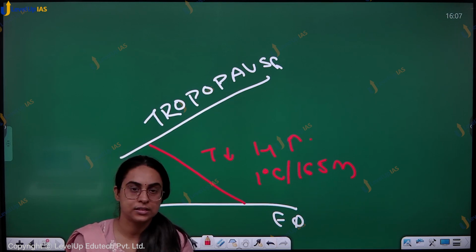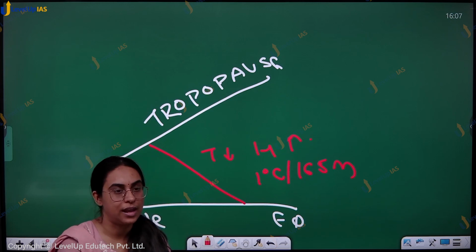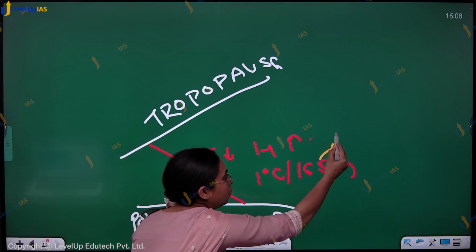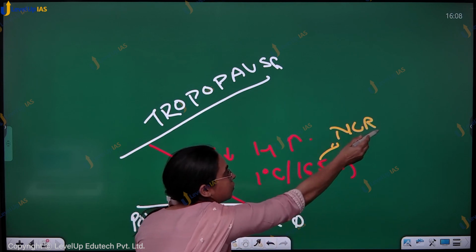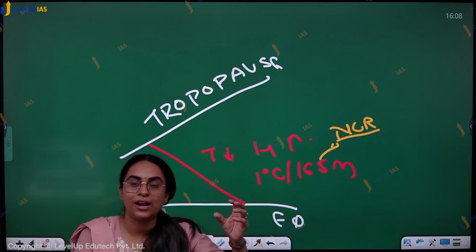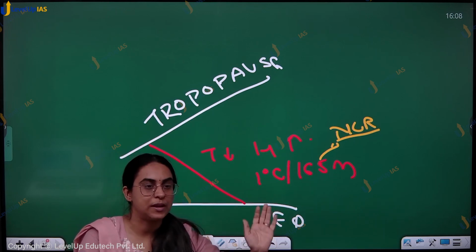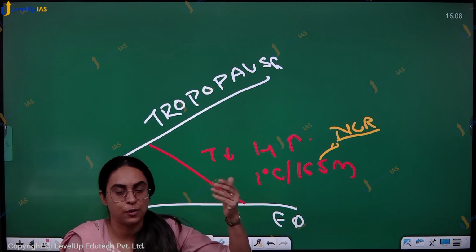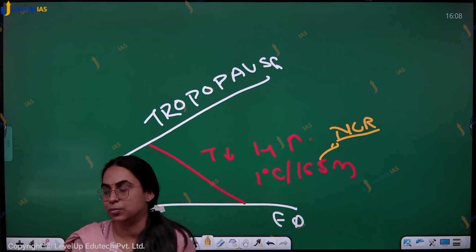This is called the normal lapse rate. The normal lapse rate is an average. In summers it may be different, in winters it may be different. This is an average: 6.4 degrees Celsius per 1 kilometer.